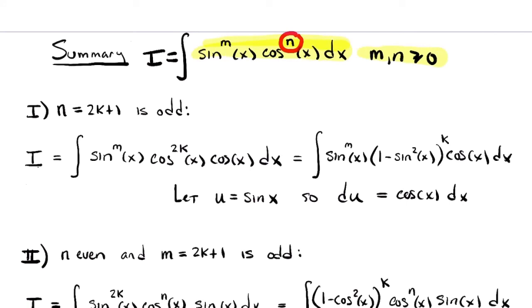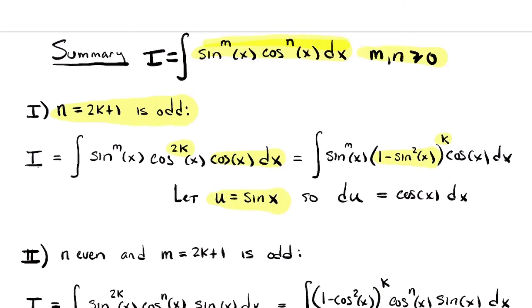I hope it's odd. So if that number is odd, an odd number has the form 2k plus 1, then I split off a cosine, leaving an even power. I rewrite that even power as a power of 1 minus sine squared, and then I make the substitution u equals sine. Turns it into a polynomial in u.